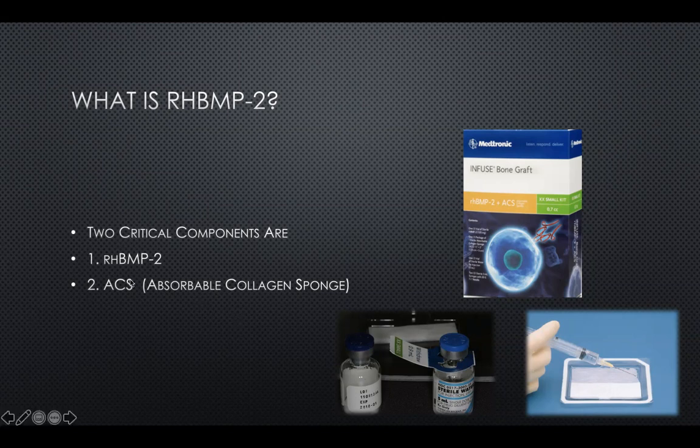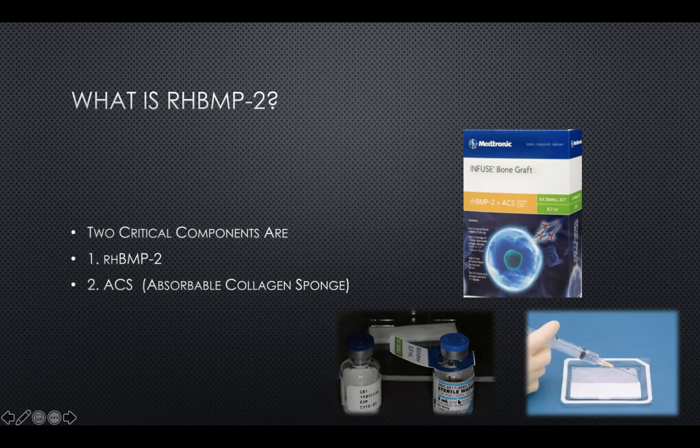One is the recombinant BMP2, and the other one is absorbable collagen sponge. So this is the effective material, and this is used as a carrier because the BMP is liquid. Actually, we cannot put it anywhere. So we have to have a material that is used as a carrier for this to work.